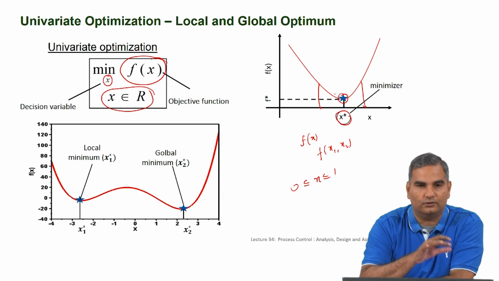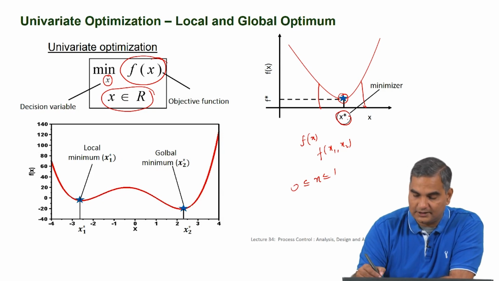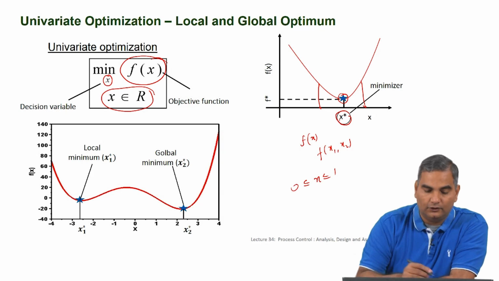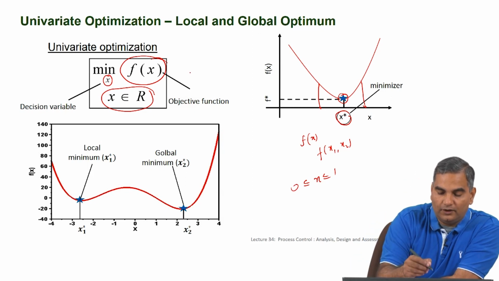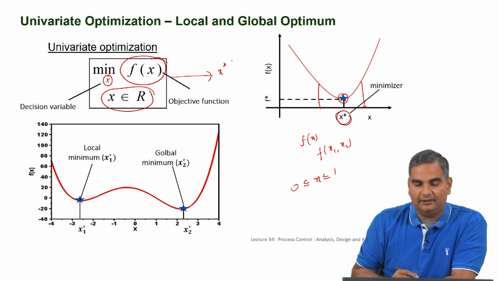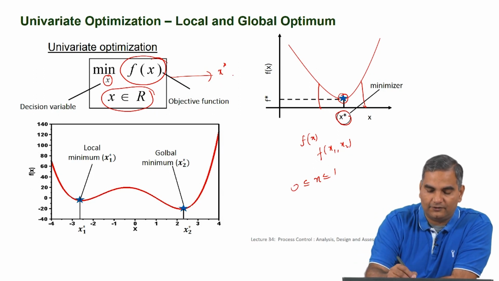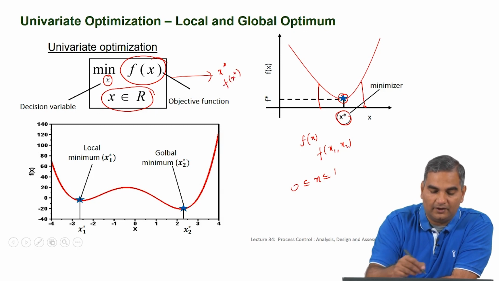So, the absolute smallest value that f of x can take for this function will occur at this x star. When we solve this, what we get as a solution is this x star, and once you get x star, you can find the minimum function value by substituting x star in f.